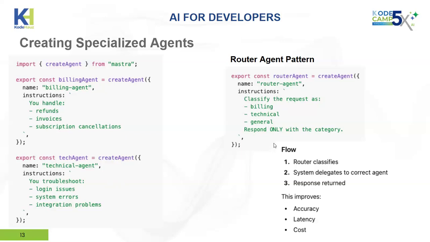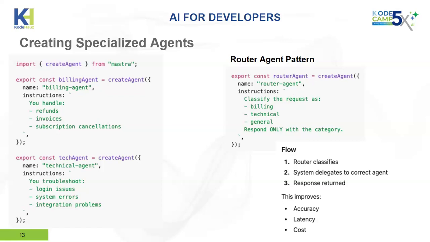Okay. I know the question you ask is, then how do I know which agent the router agent chooses, right? That's where giving agents IDs comes into play. Because then you can now tell the router agent, if the request is a billing request, then route it to the agent with ID so and so.